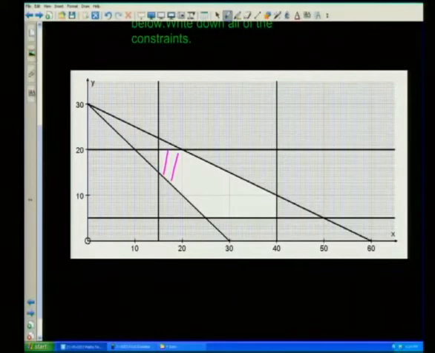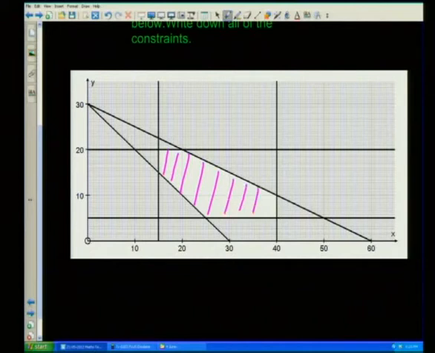So my computer program just makes it a little bit different. That is the area that we're going to be looking at. So this purple area is my feasible region.